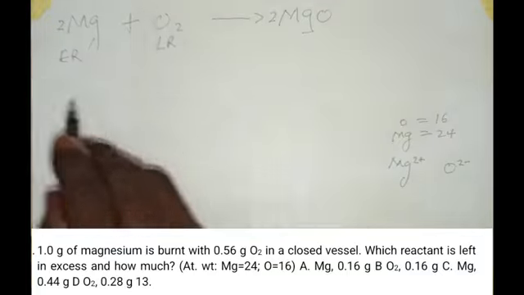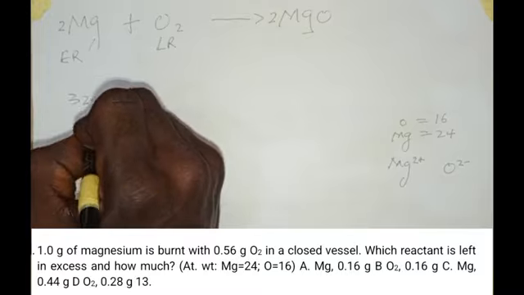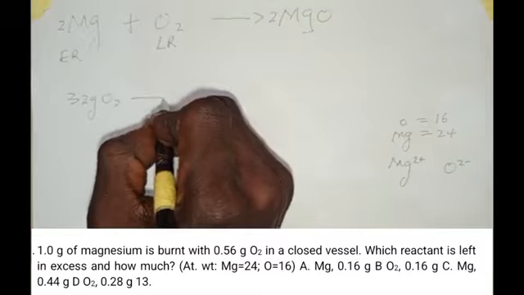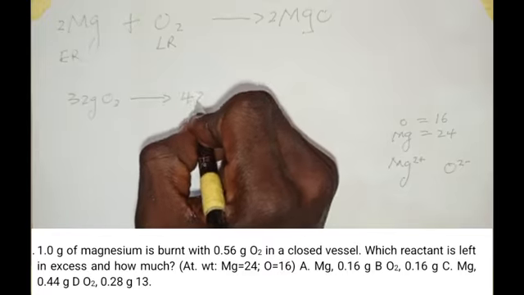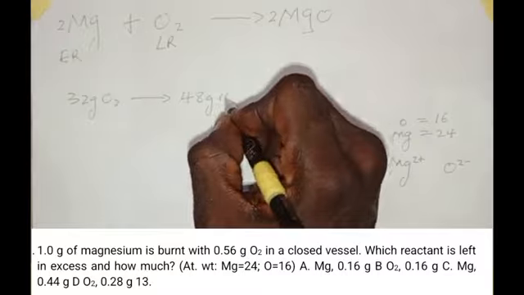So from the balanced equation here, I have that 32 grams of oxygen, which is my limiting reagent, will always react with 48. That is 2 times 24, 48 grams of magnesium.